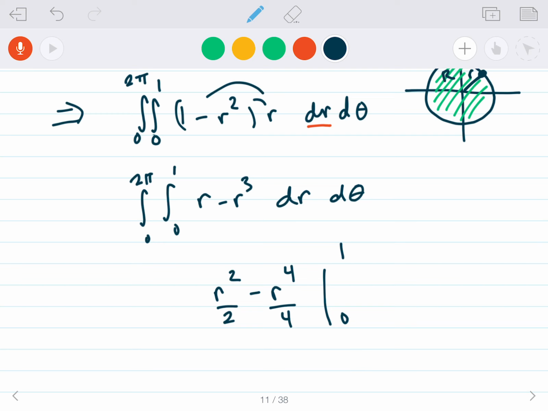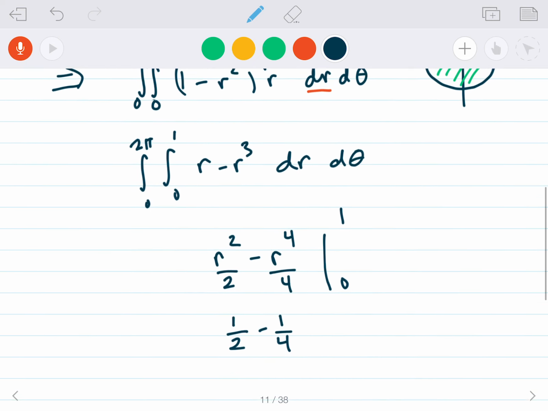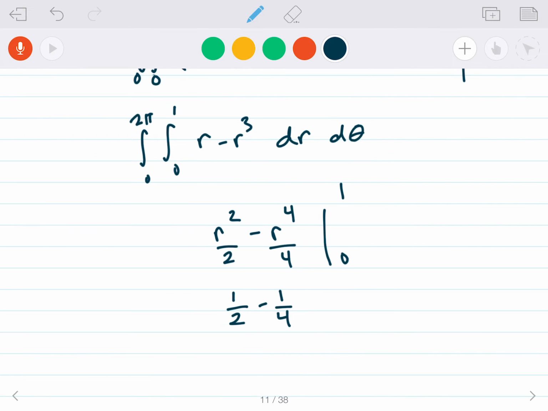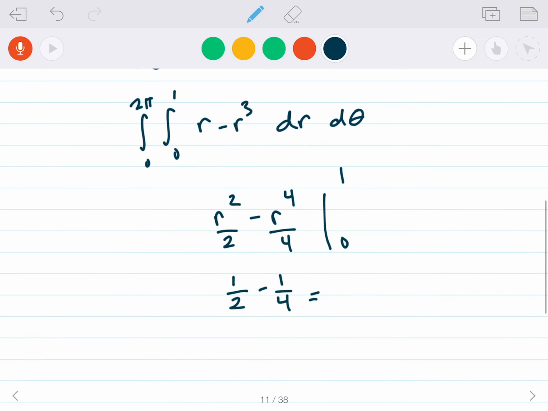And the 0 is nice because it's going to cancel. So I have 1 over 2 minus 1 over 4. That's going to be a fourth.